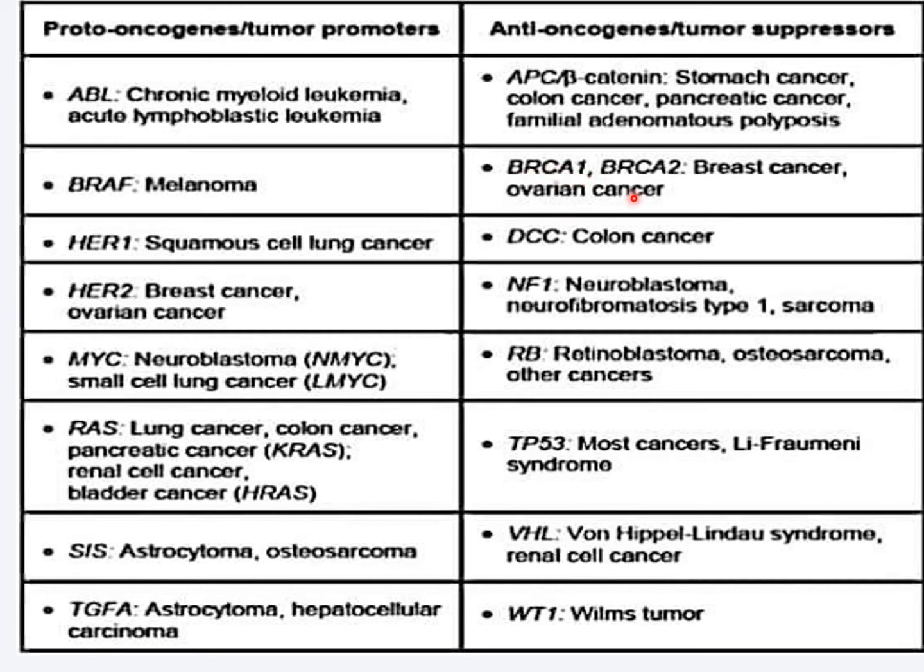BRCA1, or breast cancer 1 gene, is found in breast cancer and ovarian cancer, and also BRCA2. Another gene found in colorectal cancer is called DCC. Also, we have another tumor suppressor gene, neurofibromatosis 1, found in neurofibromatosis and in other types of malignancies like sarcoma and neuroblastoma.